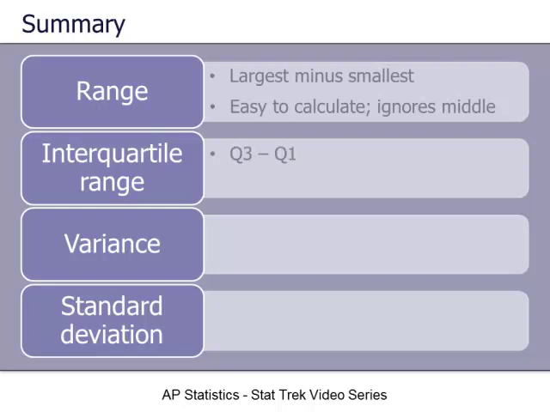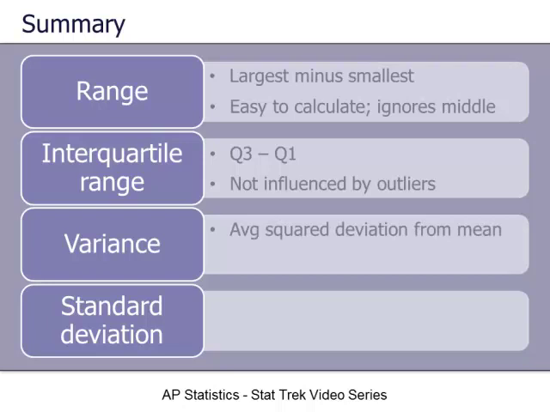The interquartile range is equal to the third quartile minus the first quartile, and, unlike the range, is not influenced by outliers. The variance is the average squared deviation from the mean, and is denoted by sigma squared. The standard deviation is the square root of the variance, and is denoted by the lowercase Greek letter sigma.